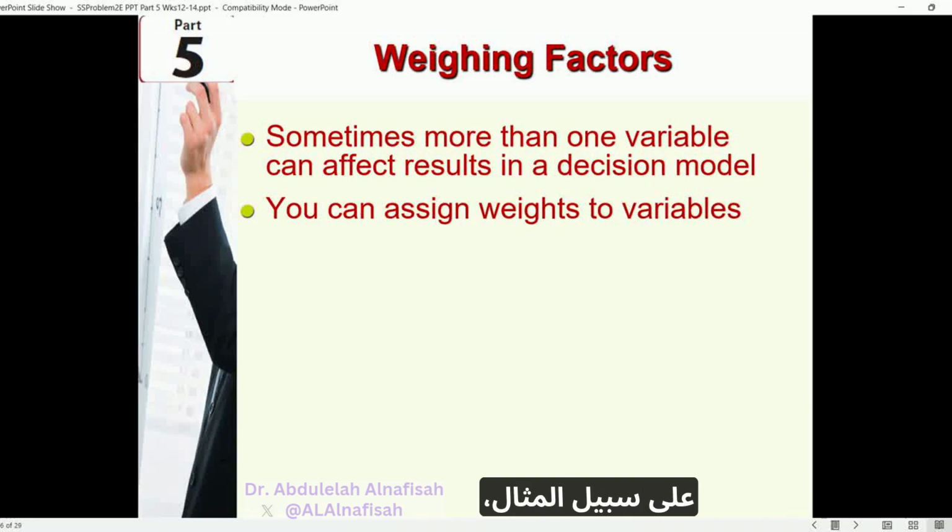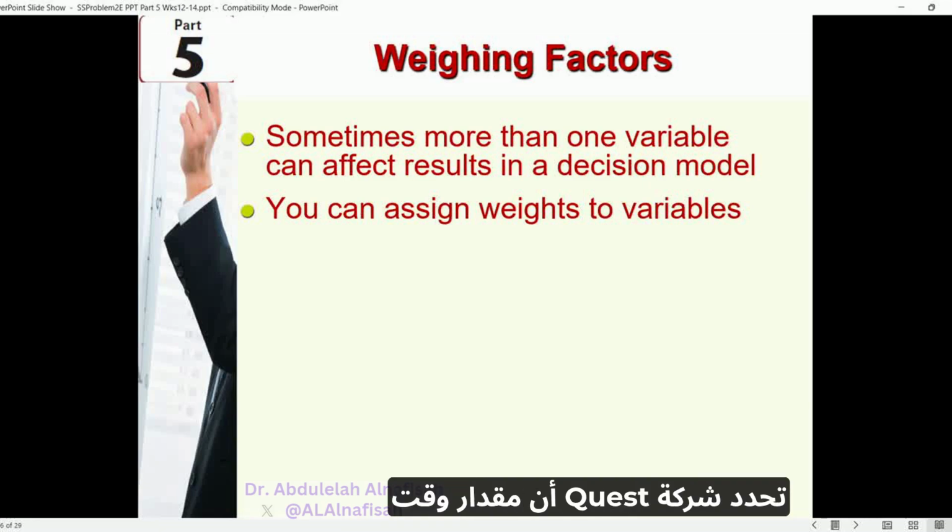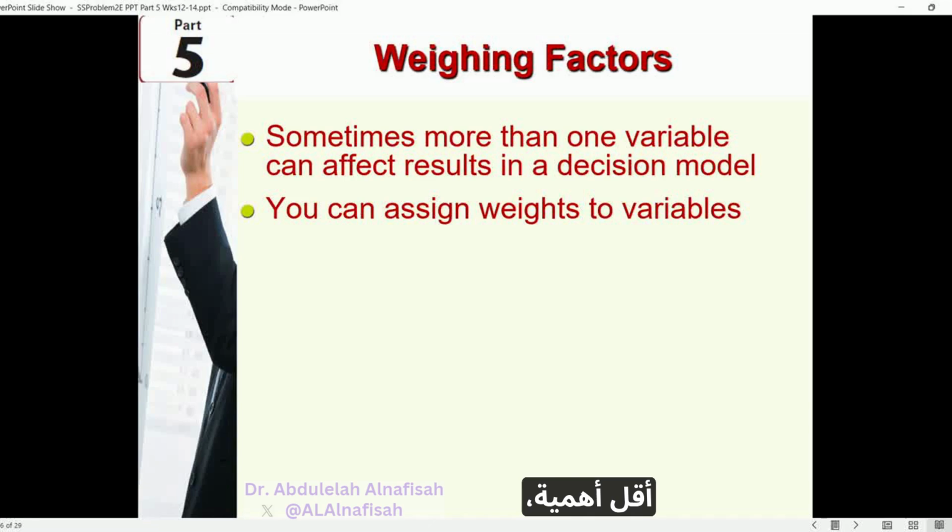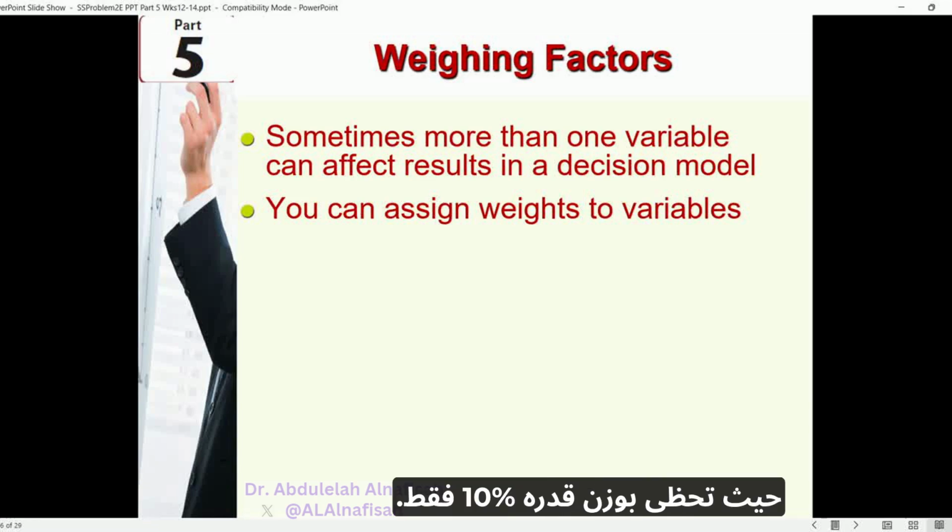For example, Quest determines that the amount of travel time significantly influences customer decisions, warranting a weight of 50%. This reflects a strong preference for shorter travel times, indicating that reducing this factor could lead to higher customer satisfaction. Conversely, meeting facilities are deemed less critical, receiving only a 10% weight.